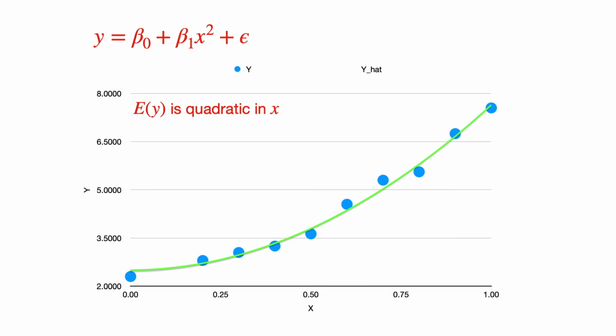And so when we represent the graph this way, then we do see that quadratic trend because, with this representation, the deterministic part of the model, beta 0 plus beta 1 times x squared, is not linear in x, it's quadratic in x. All right, and so again, this is why we see that quadratic trend in the data.